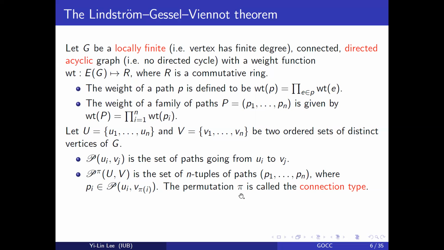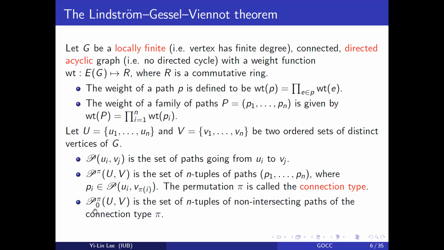If pi is the transposition (1 2), then in this n-tuple of paths, U1 connects to V2, U2 connects to V1, U3 to V3, U4 to V4, and so on.